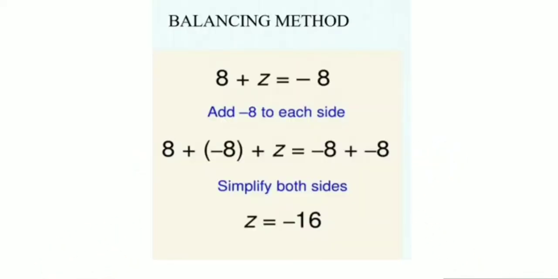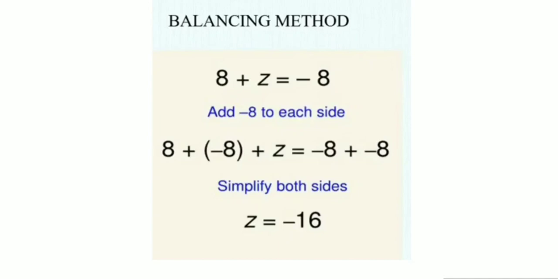Now first we will see balancing method. See the question, it is 8 plus z is equal to minus 8. So in balancing method, first we will separate the variable. So whatever is there with the variable, the sign of 8, just reverse the sign. Okay. So we are going to subtract 8 from both the sides.